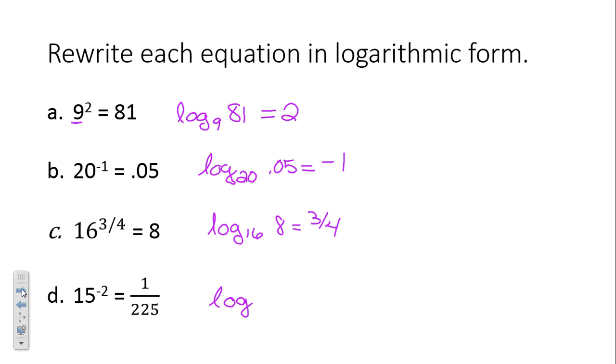Log base what? What's your base? Nope. 15. Log base 15. And then what? 1 over 225 equals negative 2. The power is always your answer. Feeling okay about these? Nothing too earth-shattering here. It's just something we've not seen before.